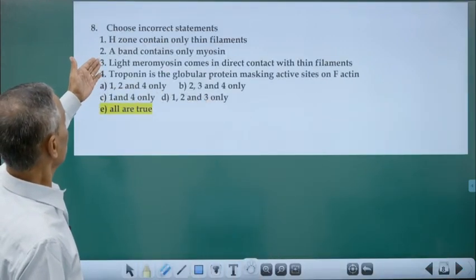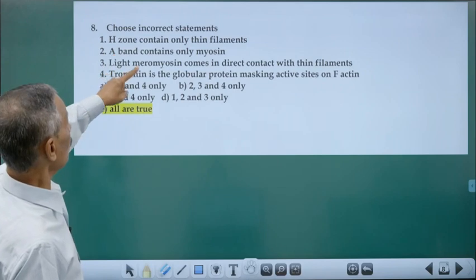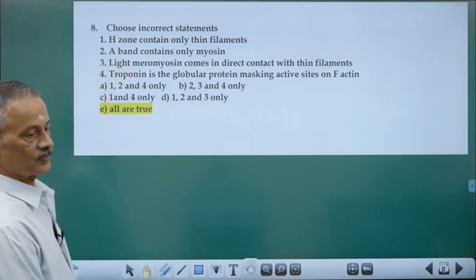Incorrect statement. H zone contains only thin filaments.